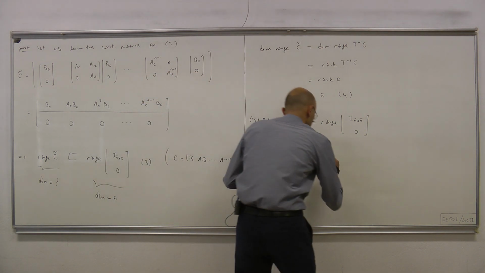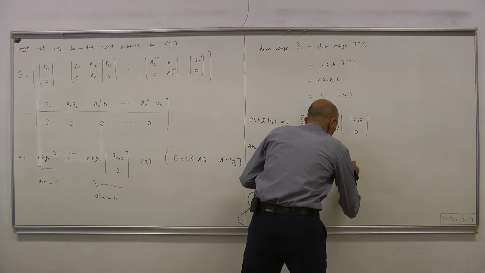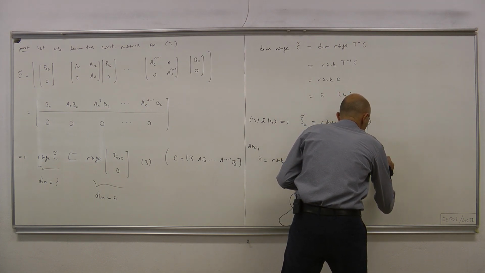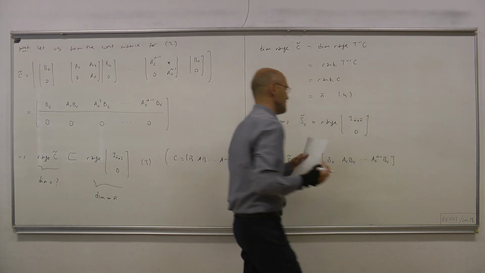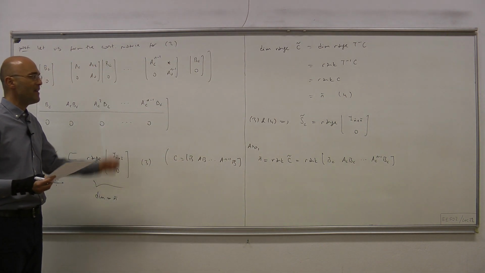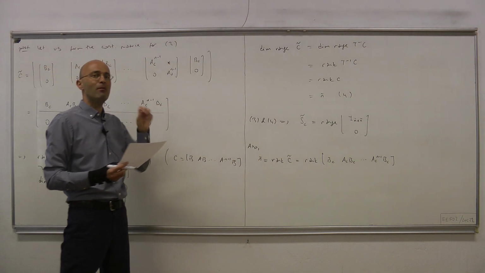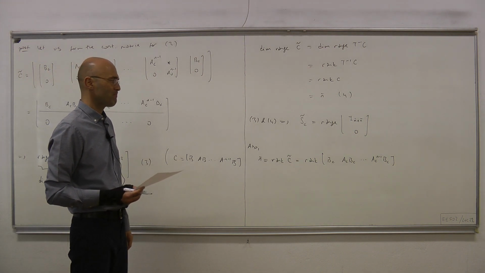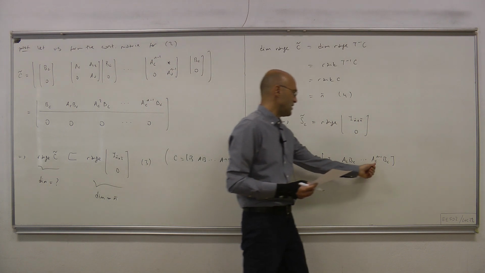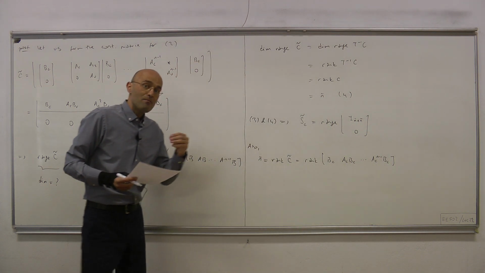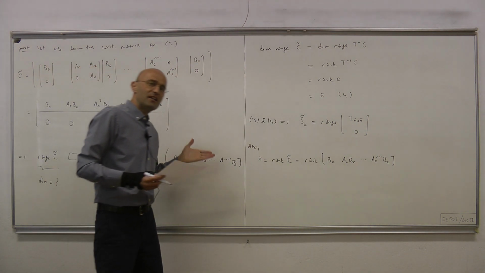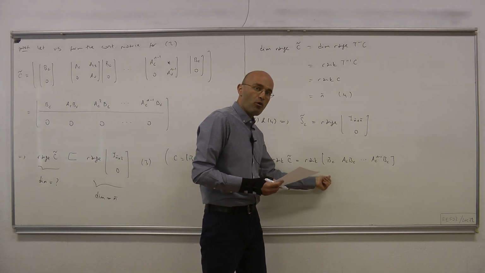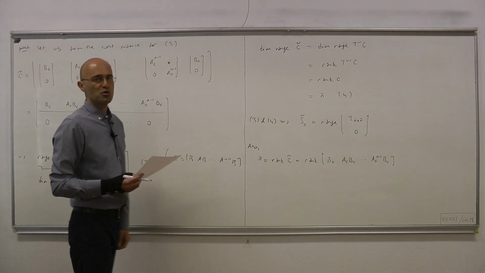So we can write BC, AC BC, AC to the n minus 1 BC. Now remember that AC is an n bar by n bar matrix. So by Cayley-Hamilton theorem, any power of AC which equals n bar or larger can be written as a linear combination of the powers of AC starting from the 0th power to n bar minus first power.